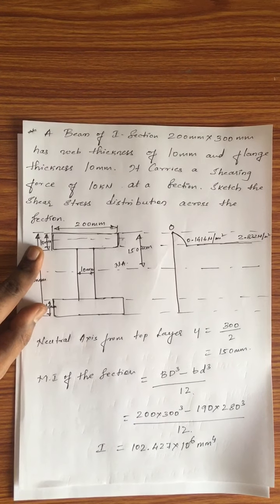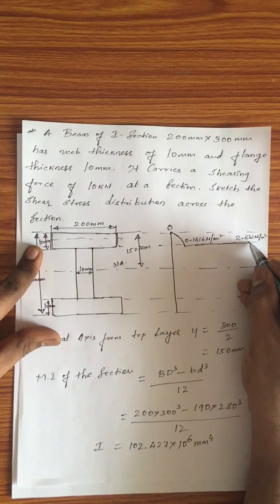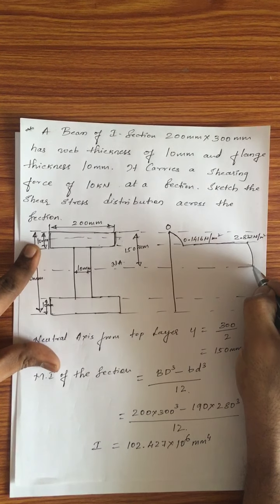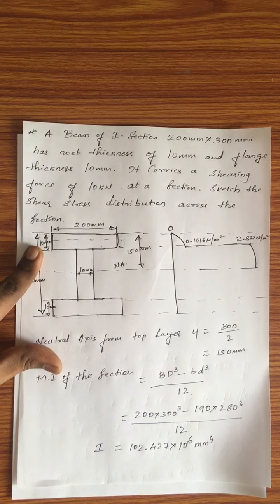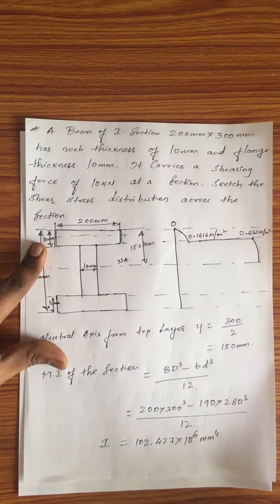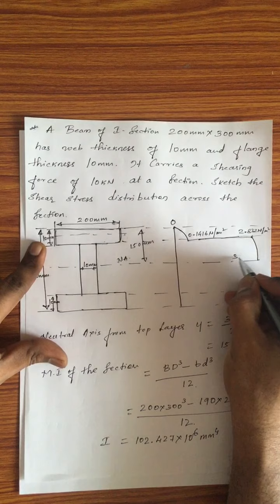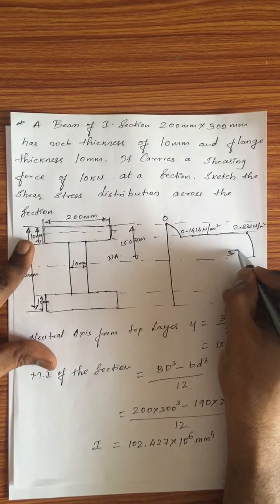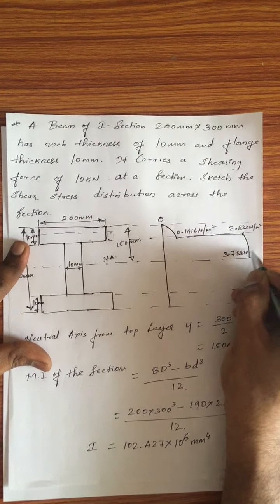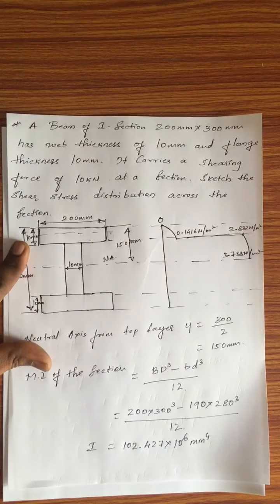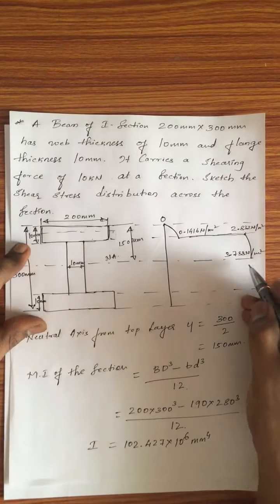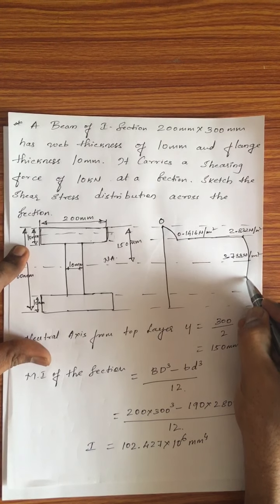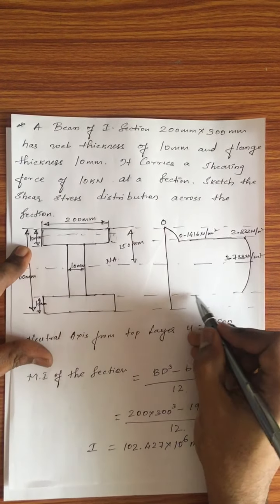Okay, and from the junction till neutral axis, it again increases, and at the neutral axis it becomes 3.788 Newton per mm square. Okay, and since this is symmetrical about the horizontal axis, the same values will be continued below the neutral axis.